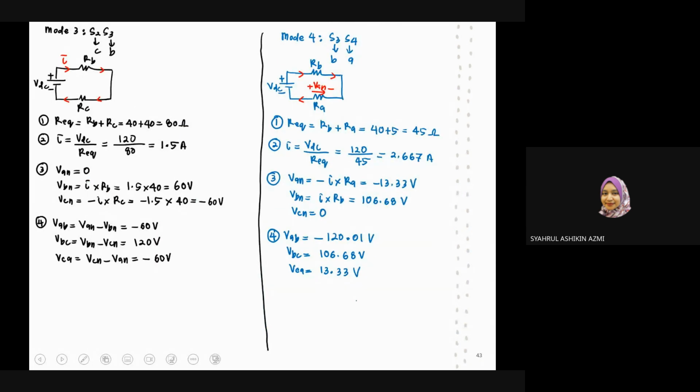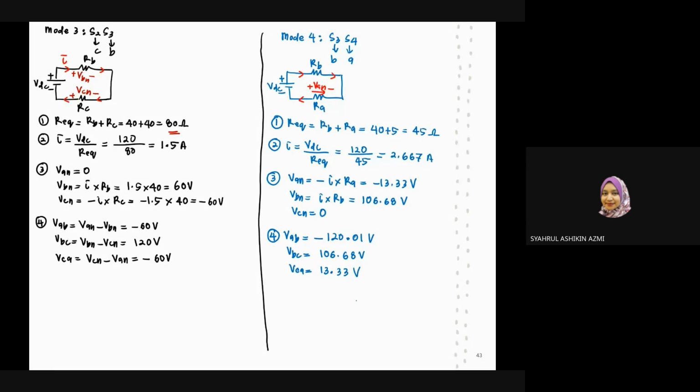Okay, now we proceed to mode number 3. So for mode number 3, we have S2 and S3. S2 is the bottom switch for phase C, S3 is the upper switch for phase B. Okay, the R equivalent will be RB plus RC.